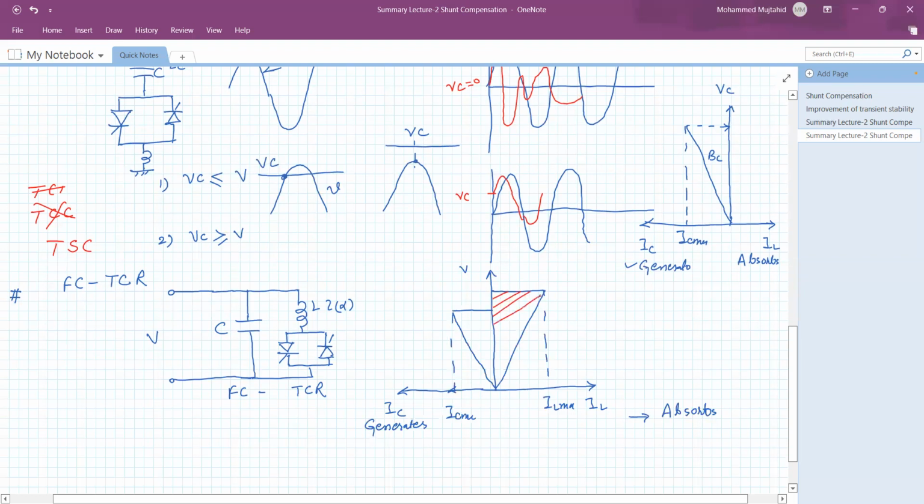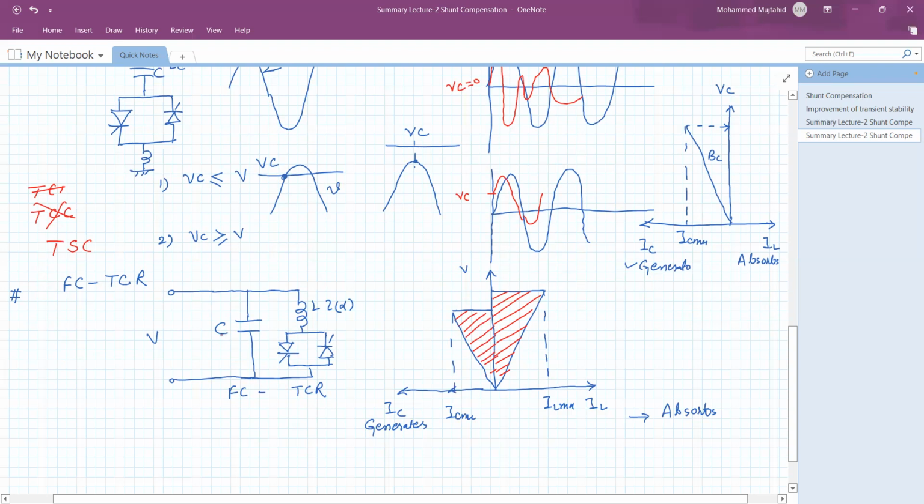In this case, the controllable region for the inductor is this one. As it is connected in parallel, the effective value of generation can be controlled. So this is also controllable. See, the previous drawback is overcome by connecting a thyristor controlled reactor.